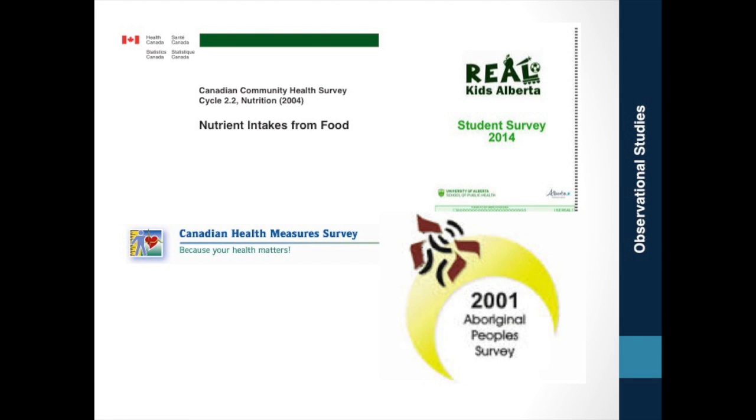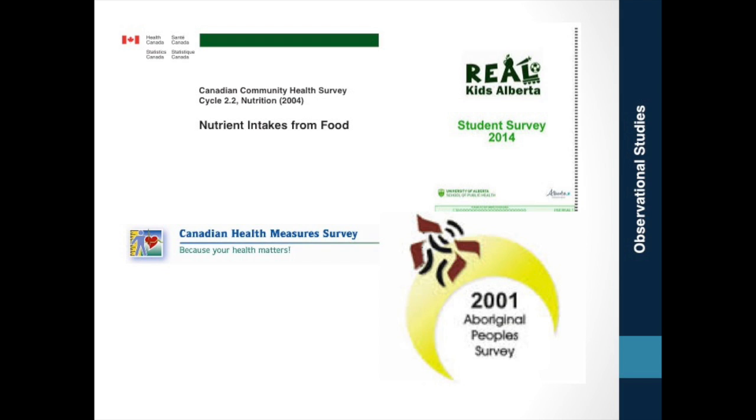We have many examples of these studies in Canada assessing the prevalence of health conditions and risk factors at the same point in time to provide a snapshot of a health problem and risk factors simultaneously in a defined population. For example, we have the Health Canada and Statistics Canada surveys, such as the Canadian Community Health Survey, the Canadian Health Measures Survey.